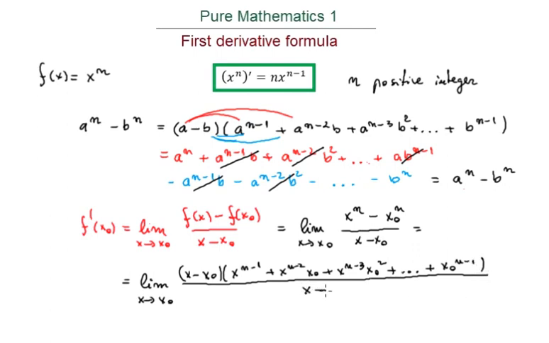This is over x minus x0, and what we can see here is an opportunity. We simplify x minus x0, thus eliminating the fraction.